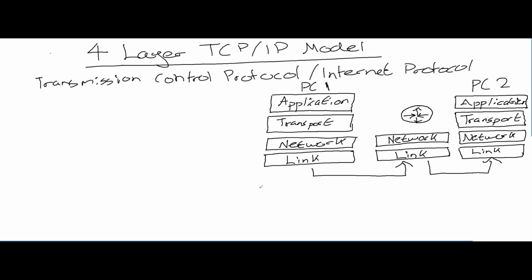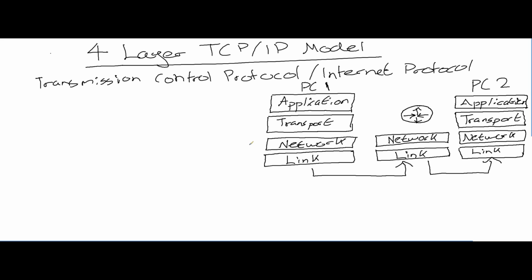Okay, so what I've done here is drawn a little diagram, and what we're going to consider is a computer 1 here, so PC 1, sending a string of text to PC 2 over the internet. And before we go into what each of these layers of the TCP/IP model means and what's happening at each layer, what's important to understand is that at each layer, the data that is being sent is wrapped in an envelope containing new data, what you might call metadata.